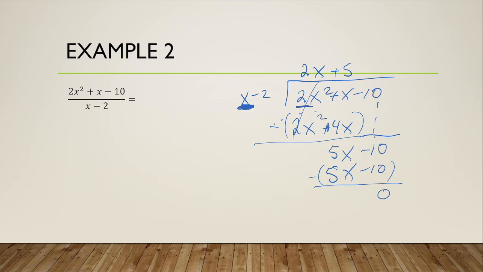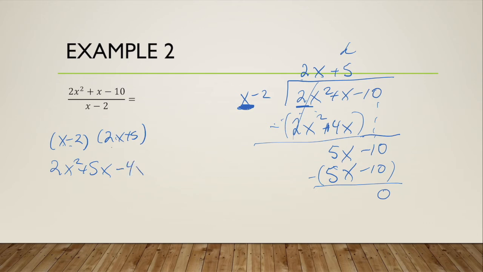How can I check my answer? Well, what if I took x minus 2, which was our divisor, times our quotient? Now we know how to FOIL. We can do this. x times 2x is 2x squared. x times 5 is a positive 5x. Negative 2 times 2x is a negative 4x.